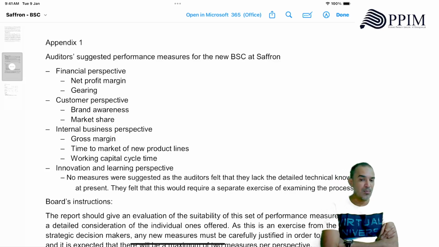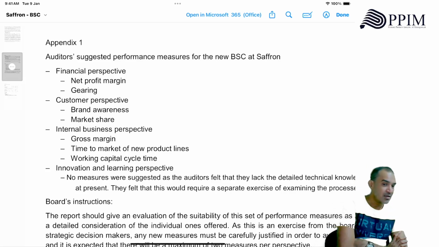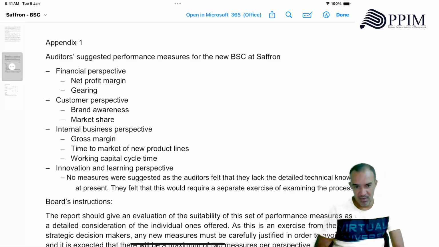Time to market of new products. Time to market. It is more suitable for learning and growth, isn't it? Not here. So make that comment. Time to market of new product lines will be more suitable under learning and growth.